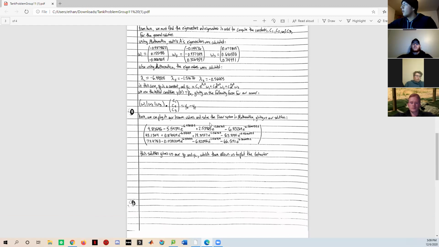That's going to give us our final yp and yc, which will give us our equation. That's all shown in this matrix here, these big long equations with the eigenvectors in front of the exponentials and the constant c in front of each of these.